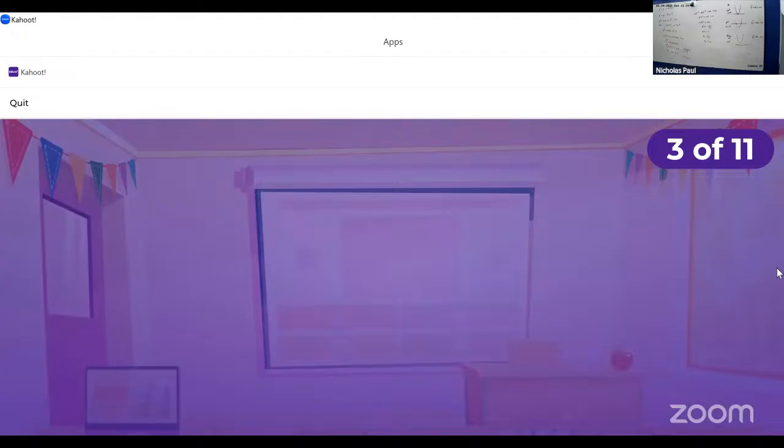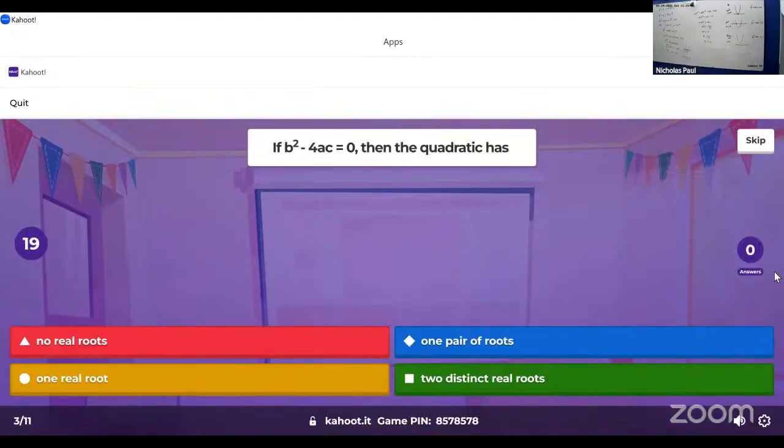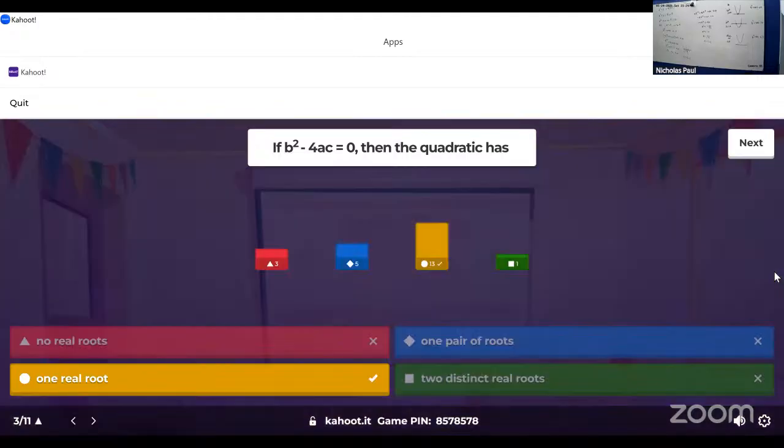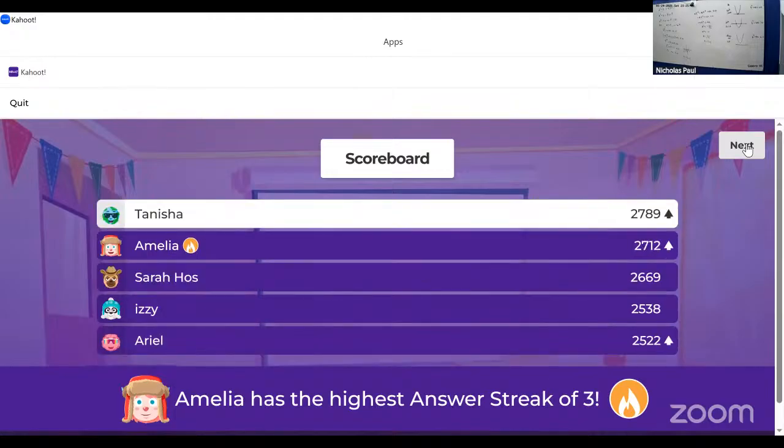Good job, Sarah. Equal to 2. Right? Not one pair, not one pair. All right, finish.